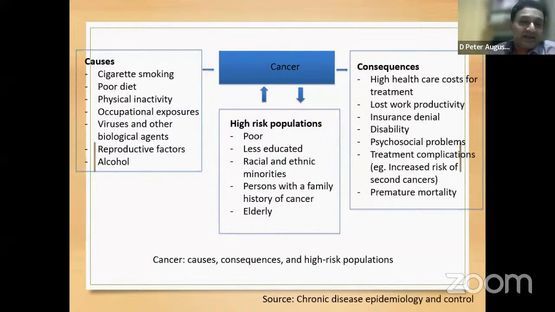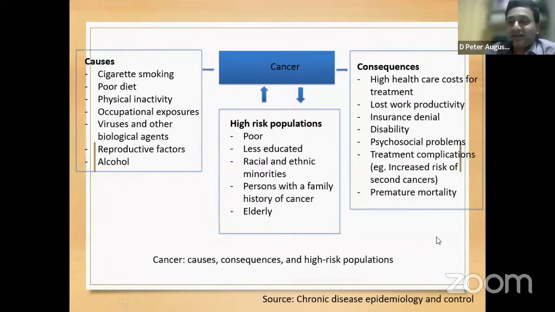So that is not in our hands. So some causes we say, and the high-risk population who are vulnerable to this cancer. I don't say infection; it is like cancer affection, affected by the cancer consequences.